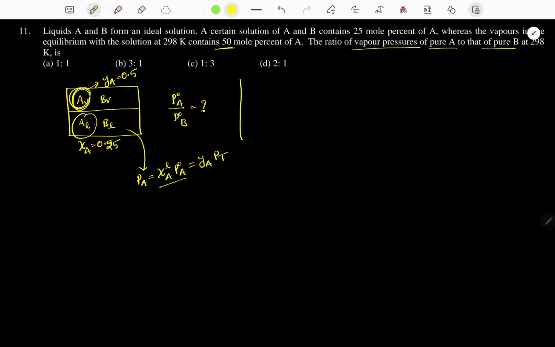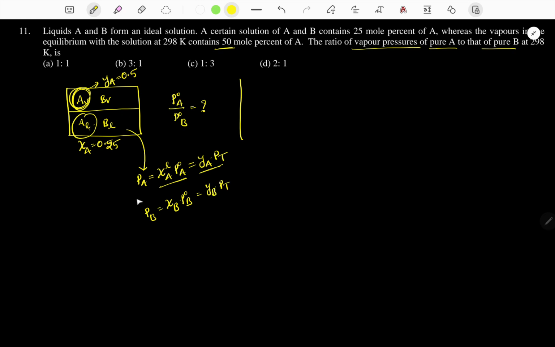Similarly, the pressure of B is equal to the mole fraction of B in the liquid phase times P naught of B, which according to Dalton's law equals the mole fraction of B in the vapor phase times the total pressure.